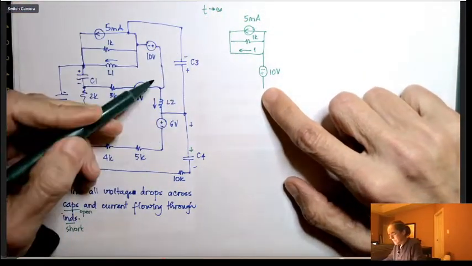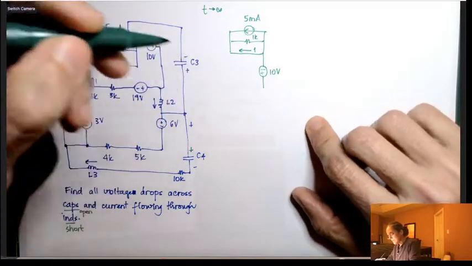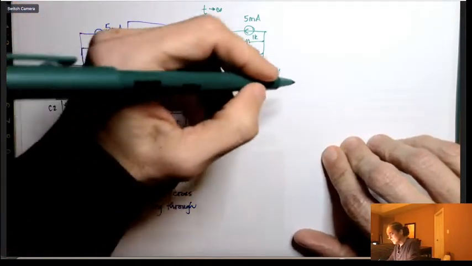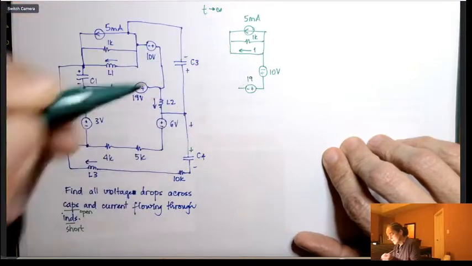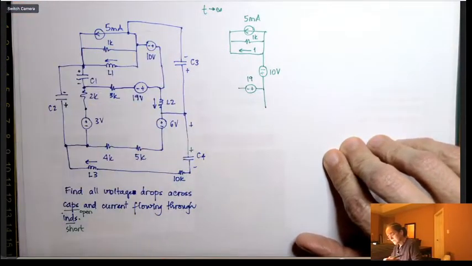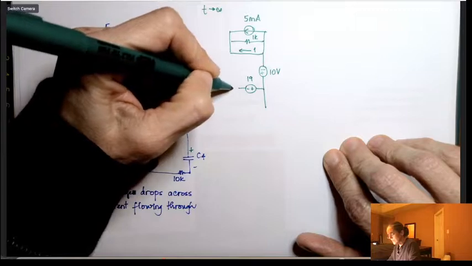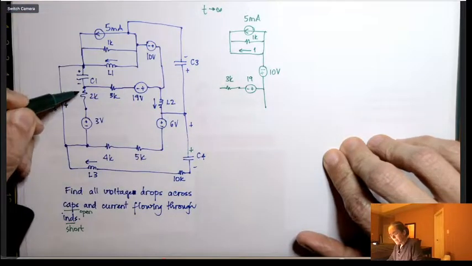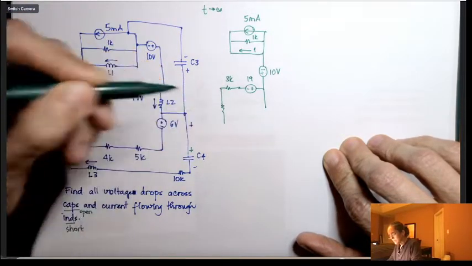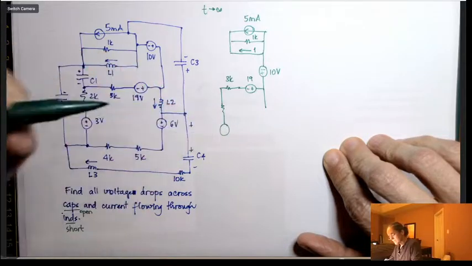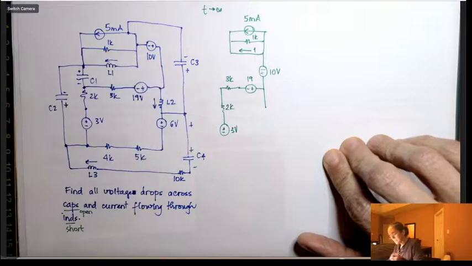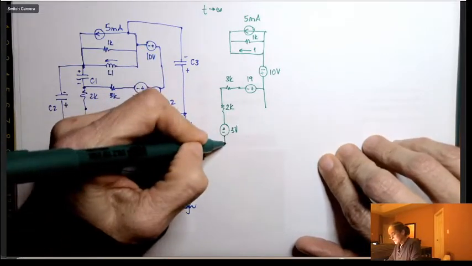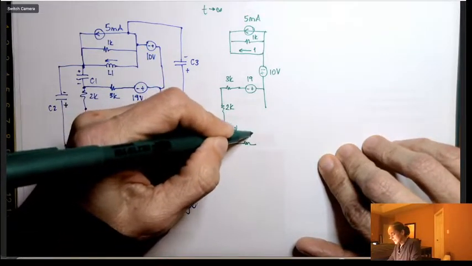There are 10 volts here that goes to a 19 volt, and then to the second inductor, and then to a 3K, and this goes down to a 2K and a 3 volts. And then the 4 and the 5K I'm going to put together as a 9K.